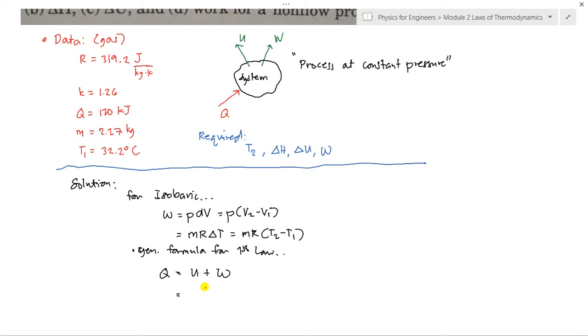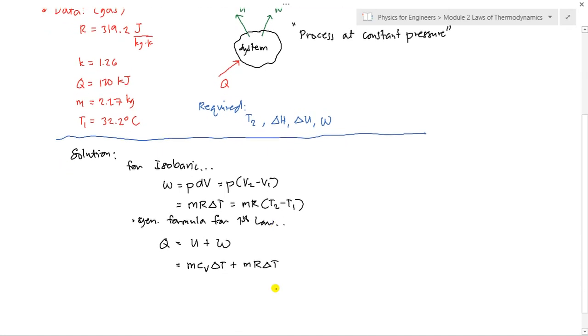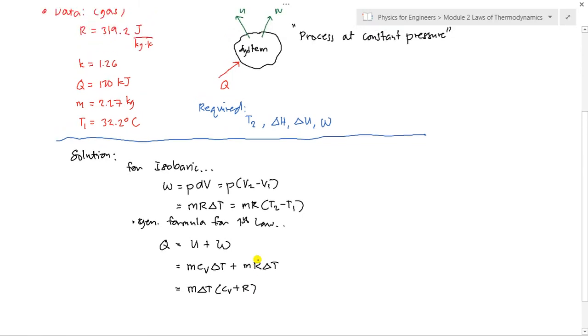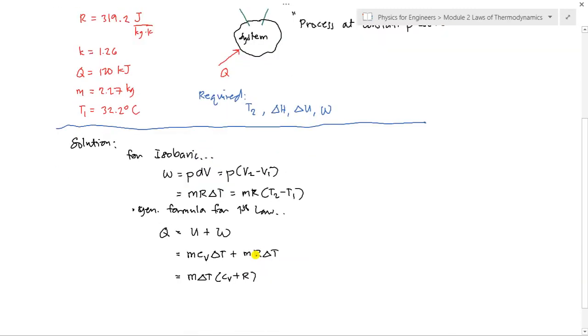Okay, ang atong U ani is MCV delta T plus our work can also be used as MR delta T. And here since common man si M og si T, so therefore that would be M tapos delta T, then we have here CV plus R. Okay, CV plus R. So we have given R but we don't have kanang CV.